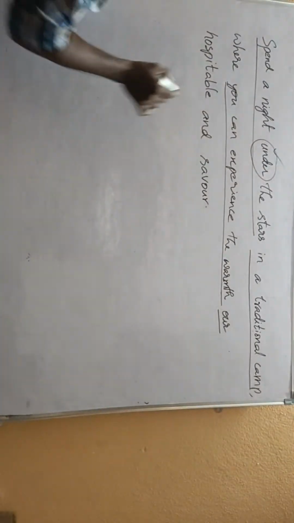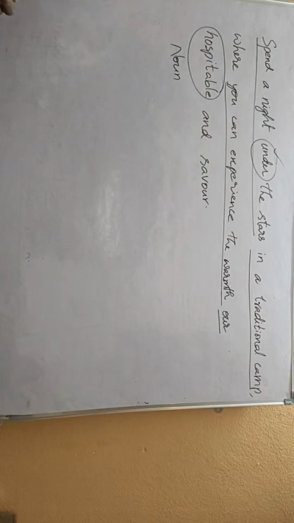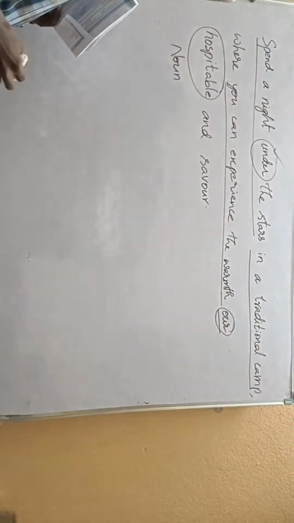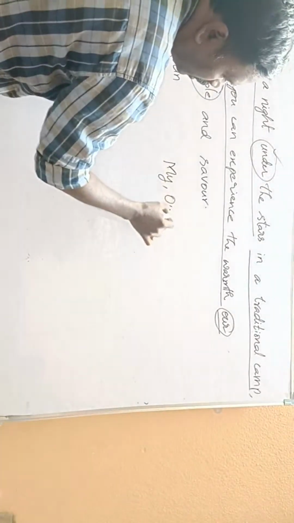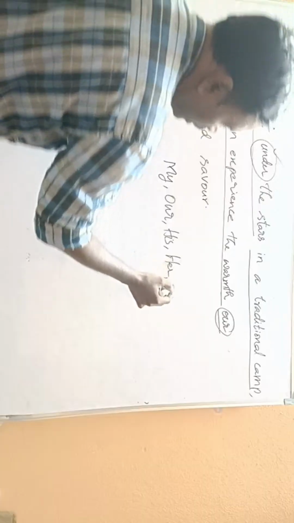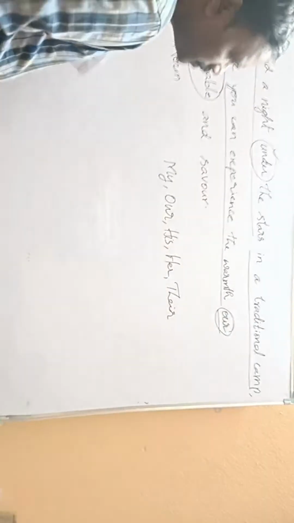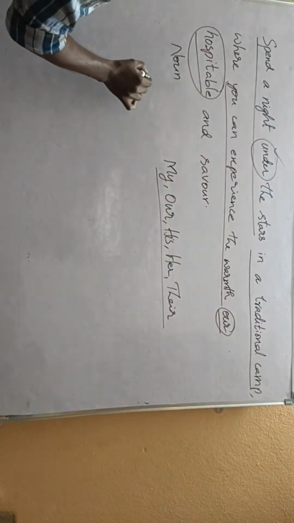After our, we have to use the noun form. But hospitable is not a noun. Whenever these are determiners, once I told you already: my, our, his, her, like that. These are all determiners. We have to use only noun forms after these determiners. So hospitable is error.